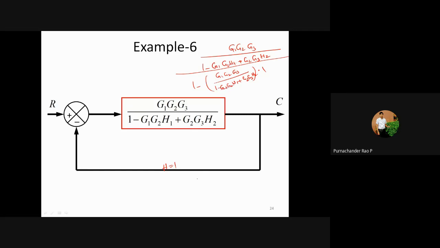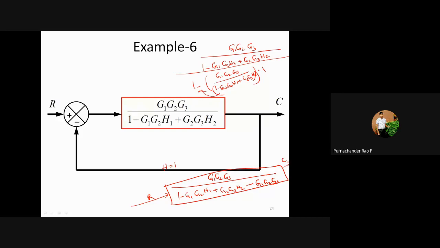So your transfer function is going to be G1, G2, G3 divided by 1 minus G1, G2, H1 plus G2, G3, H2 minus G1, G2, G3. So this is your complete block diagram with the input of R and the output of C.